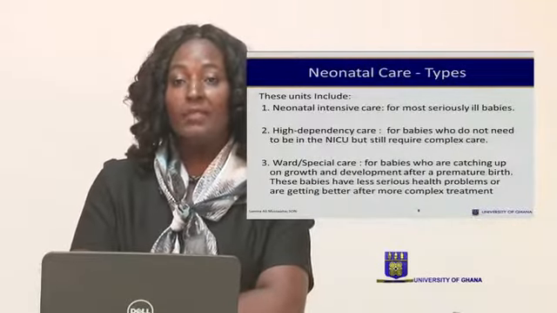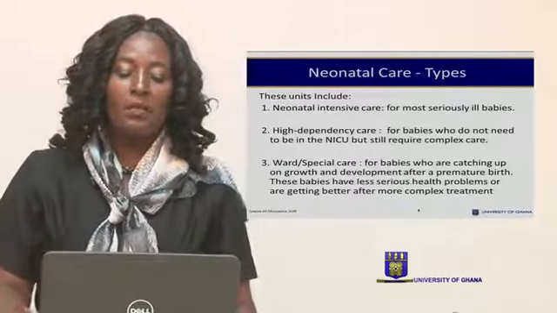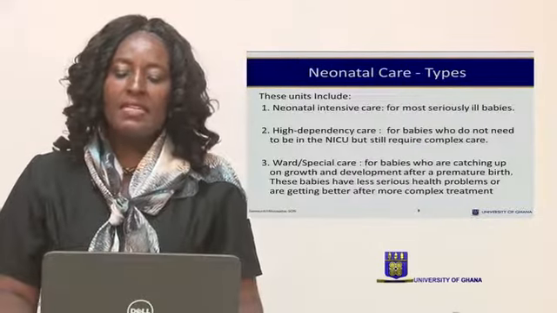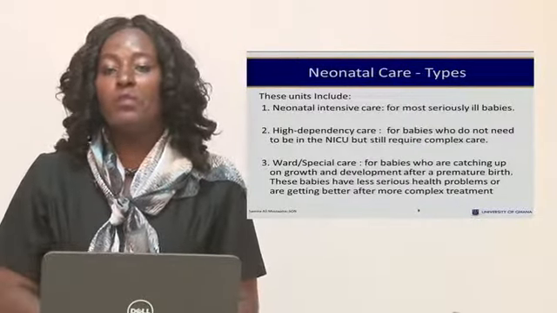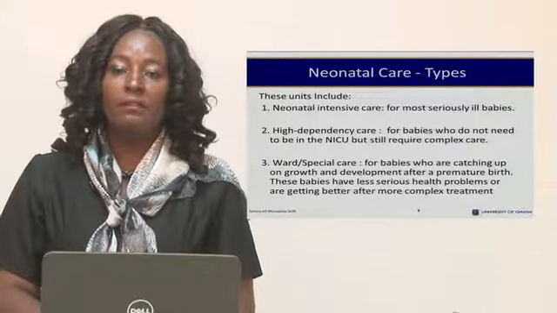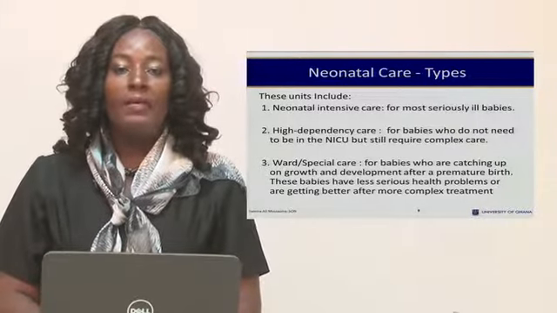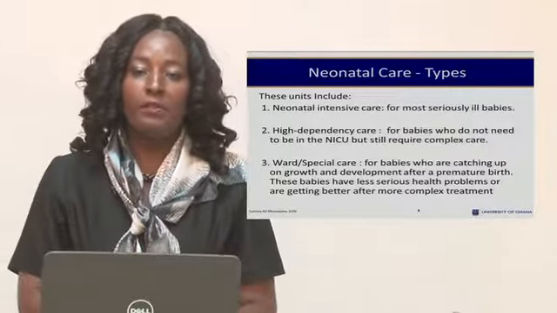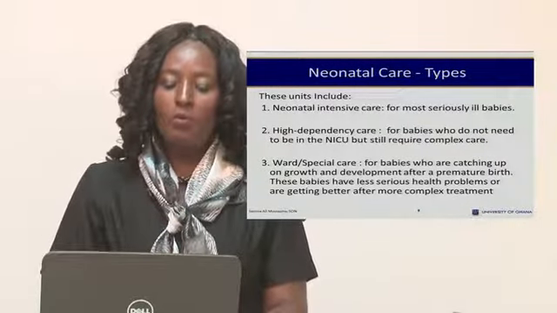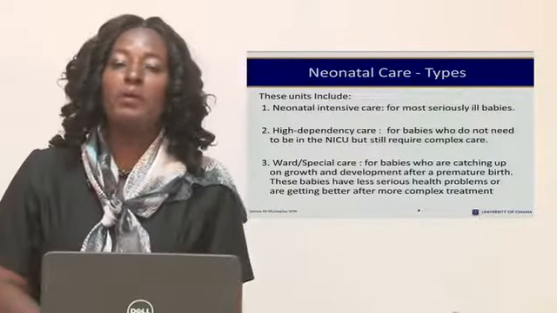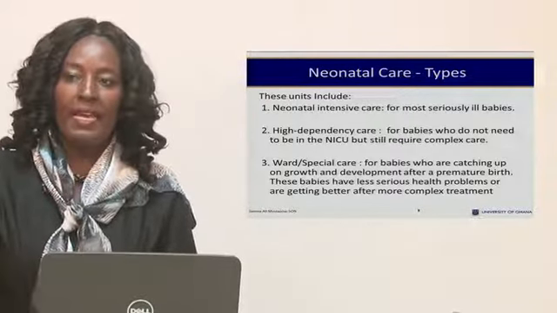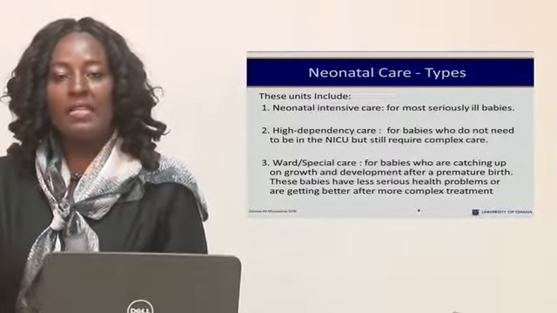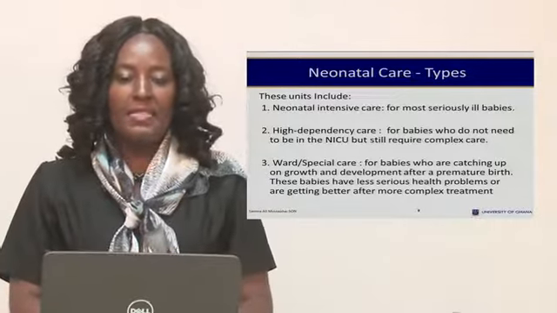Neonatal intensive care units, we have various levels. We have the neonatal intensive care unit for the purpose of caring for the seriously ill newborn, and then we have the high dependency care unit, where the newborns who seem to have recovered but still require some complex care are moved from the neonatal intensive care to the high dependency care unit.